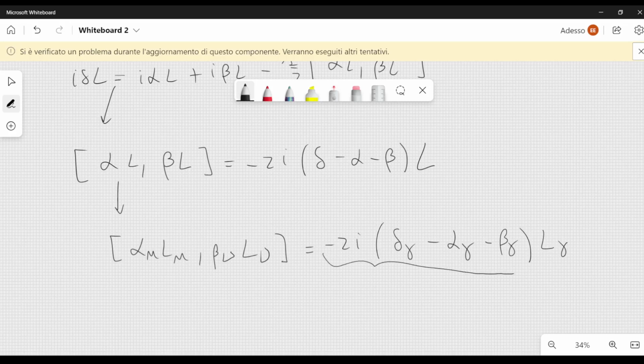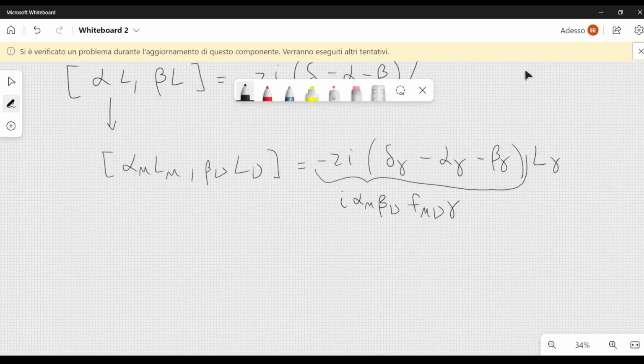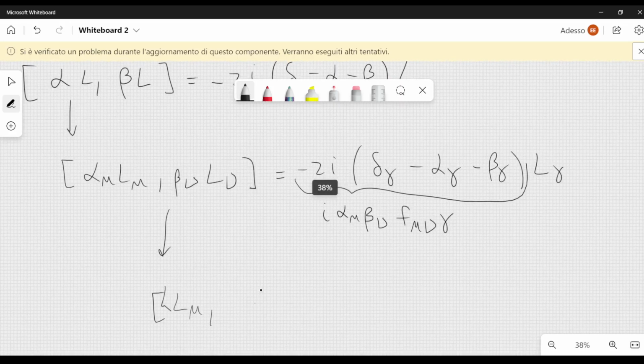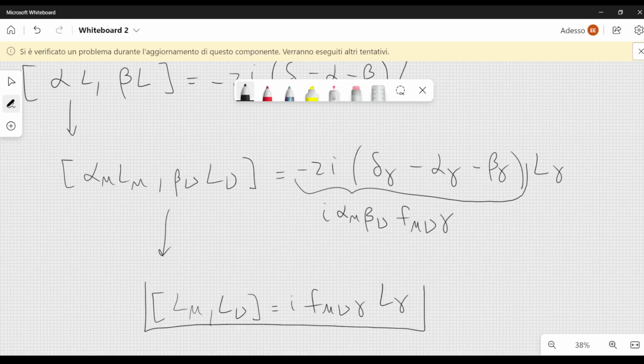Now we are going to rewrite this. We define it to be I alpha mu beta nu F mu nu gamma. And from here we get the following. So the commutator of L mu and L nu is equal to I F mu nu gamma L gamma. And lo and behold, this is exactly the commutation relation that we wanted.